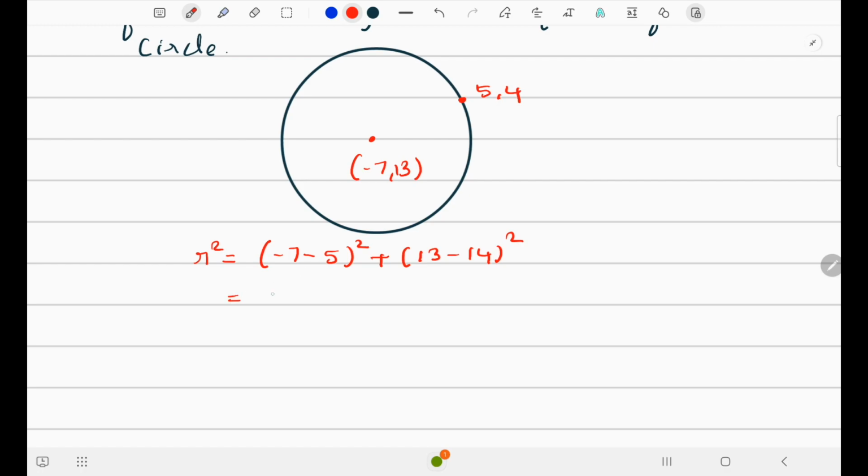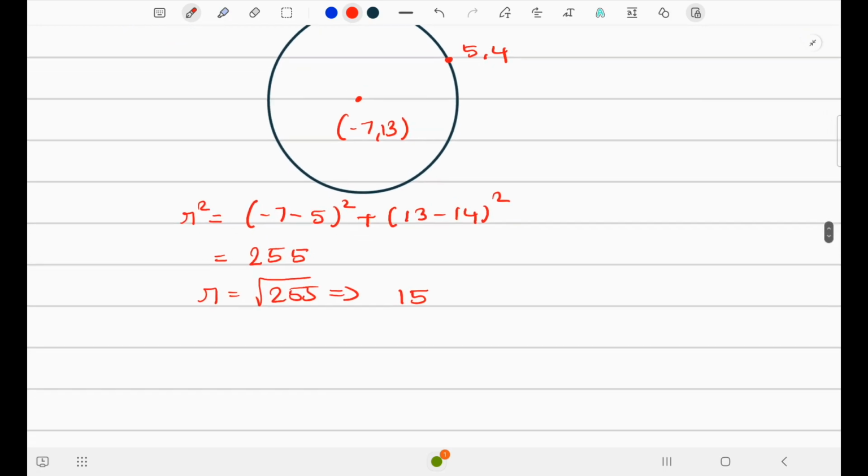So rearranging, equating, you'll get 225. Then r equals root 225, which equals 15. So the r is 15.